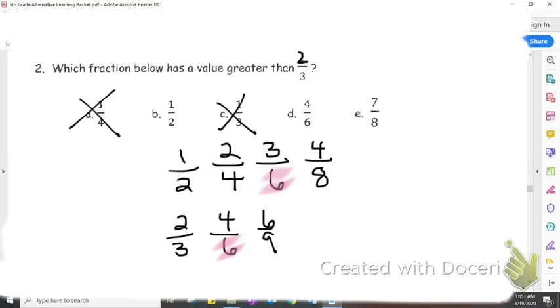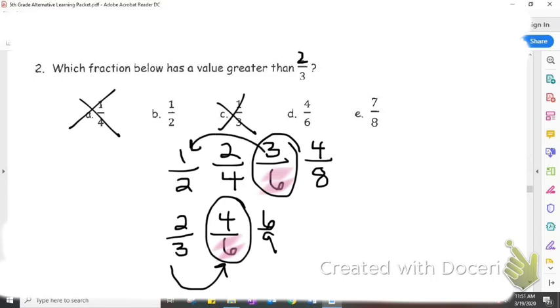Nice. So we've got 3/6 and 4/6. This means that 4/6 is equivalent to 2/3. 3/6 is equivalent to 1/2. 4/6 is greater than 3/6, which means that 2/3 is greater than 1/2. Hopefully you followed all that. What we're saying is that 2/3 is greater.